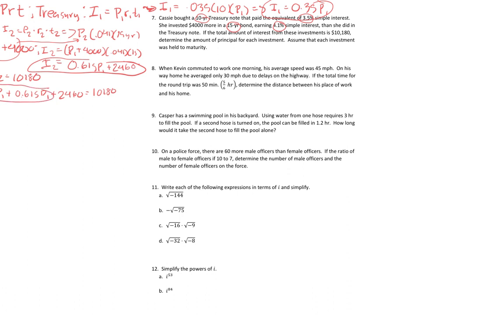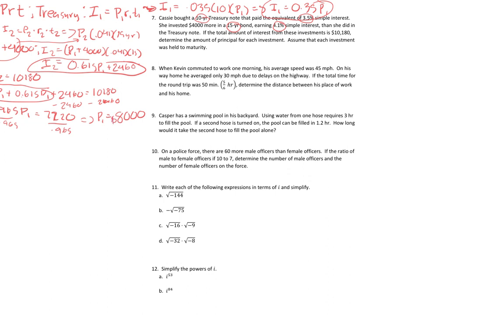So that's going to be 0.965 P1, and we can subtract this 2460 over, and that's going to equal 7720. So then we can divide by our 0.965 to get P1 by itself, right? So then we'll have 7720 divided by 0.965. So then we're left with P1 is equal to $8,000.